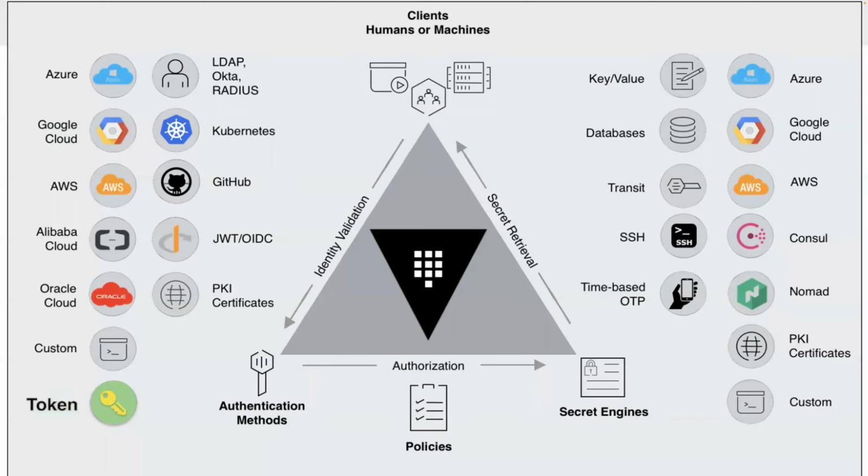The authentication methods are here: token, Oracle Cloud, Alibaba Cloud, AWS, Google Cloud, Azure, LDAP, Radius, Kubernetes, GitHub, JWT, or PKI certificates. In the same manner, we have the key values, database, transit, SSH, time-based OTP, Azure, Google Cloud, AWS console, Nomad, PKI certificates, and custom. These are our secret engines.